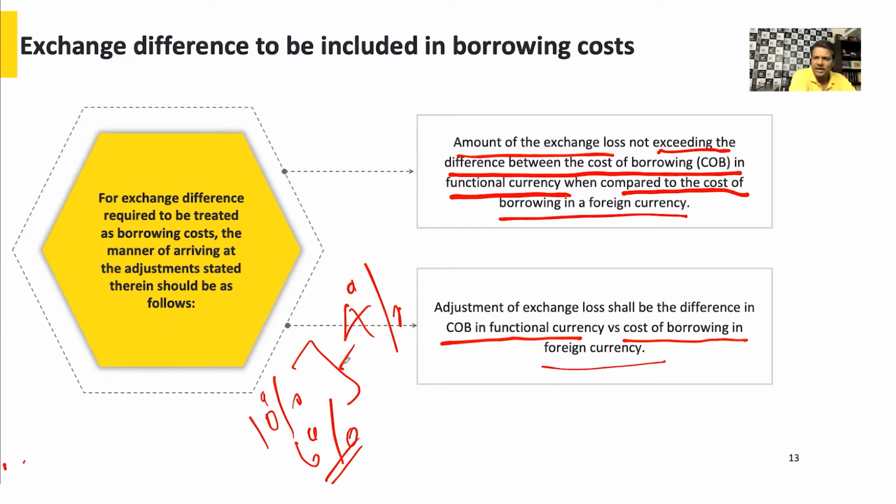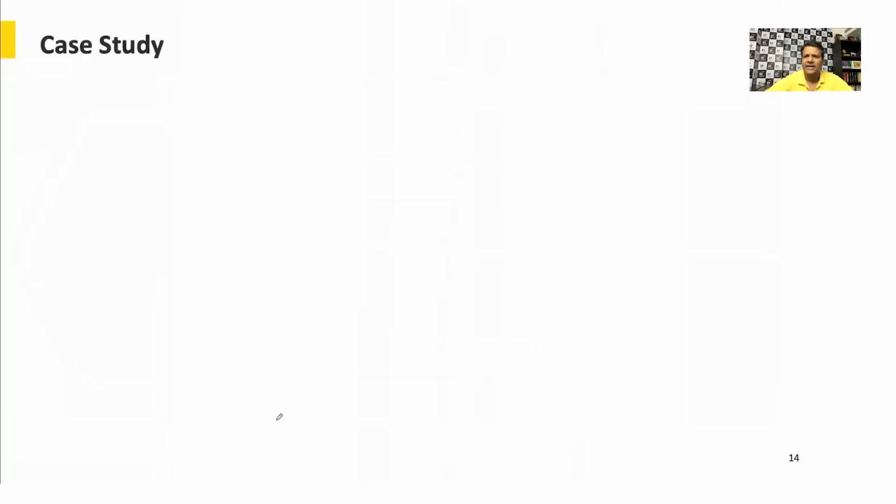Let me just clean this up for you so that you can see this. All right. So in my example here, this 4% is nothing but the difference in the cost of borrowing in your functional currency versus the cost of borrowing in the foreign currency. It is what is to be considered. And we will try and understand this with the help of an example here.